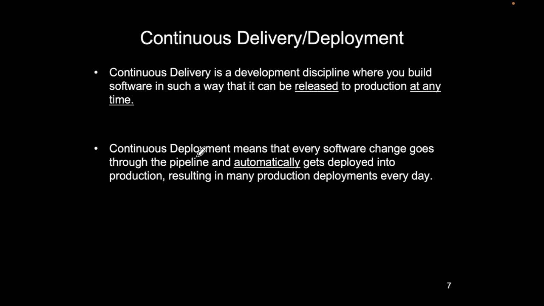And if it passes all of those steps, then automatically the version of the application is pushed out into the production environment. Only some software houses follow that level of automation. So continuous deployment means that every software change goes through the pipeline, being the CI pipeline, and automatically gets deployed.